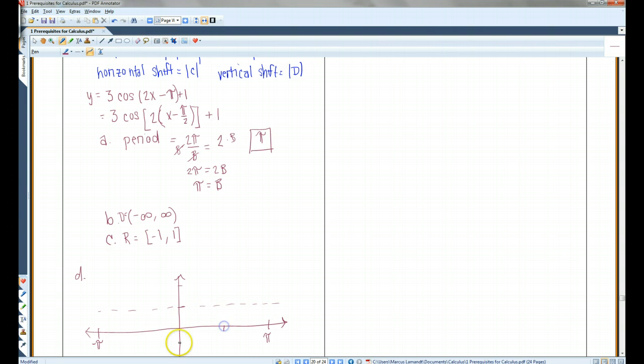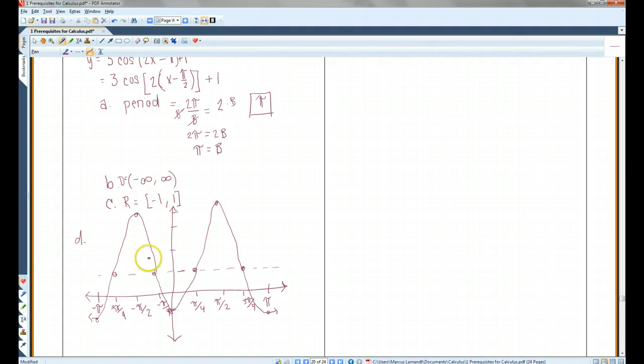Let me label all these. And it's going to go kind of like this. I'm going to pause here because I know it's going to take me like 5 tries to draw the wave correctly. Alright, after like 5 tries, I've decided this is good enough.